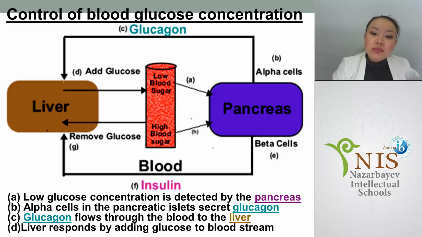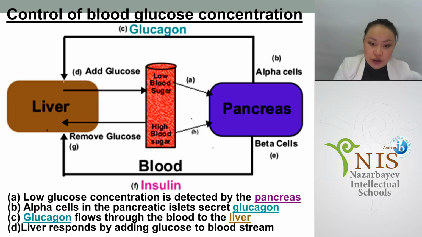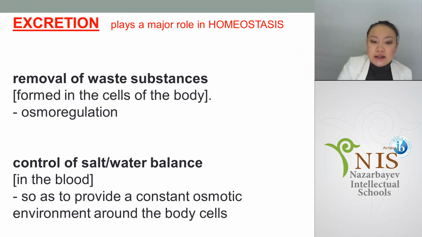Alpha cells will release glucagon into the bloodstream, and glucagon will act on the liver, and the liver will convert glycogen into glucose again and add it into the bloodstream, and then our blood will have a constant level of glucose concentration. This is how it works. I think it's clear, yeah?